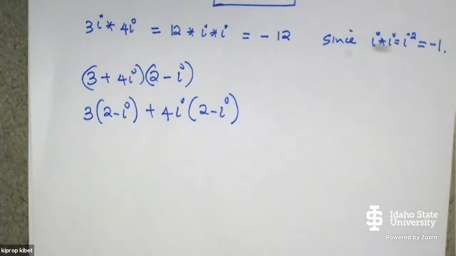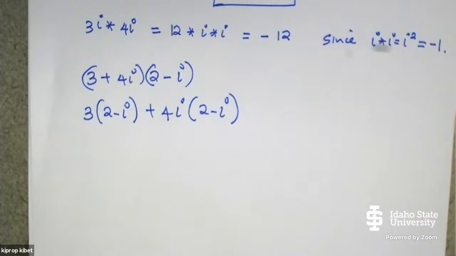Just like A plus B multiplied by C, you can use this to distribute. So A multiplied by this plus B multiplied by this.